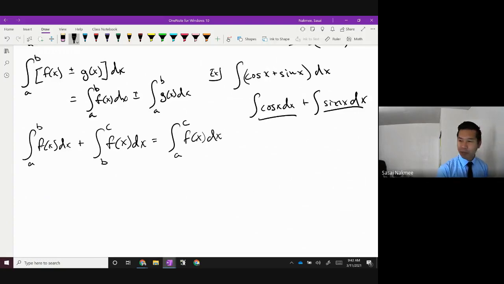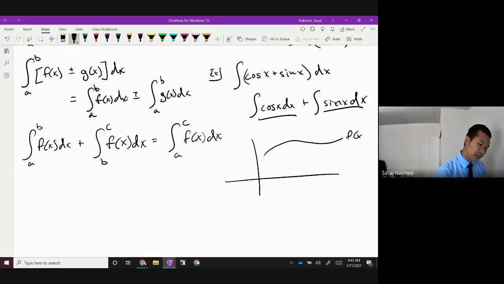And that one doesn't require too much thinking, but if you wanted to see it, if I had this function f of x, and I was adding the area from a to b, that would be this area right here, and then I do the area from b to c, which is from here to here. Hopefully you can understand that if I were to add up from a to b along with b to c, it's the same thing as adding it straight up from a to c. So if I went from here to here, it should be the same from there to there.